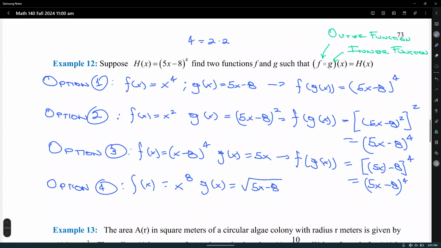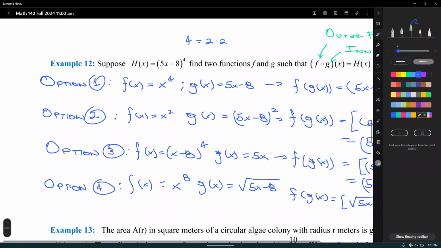How would that work in this case? Well, if we do f of g of x equals quantity to the 8th power, so quantity to the 8th power, that is the square root of 5x minus 8.